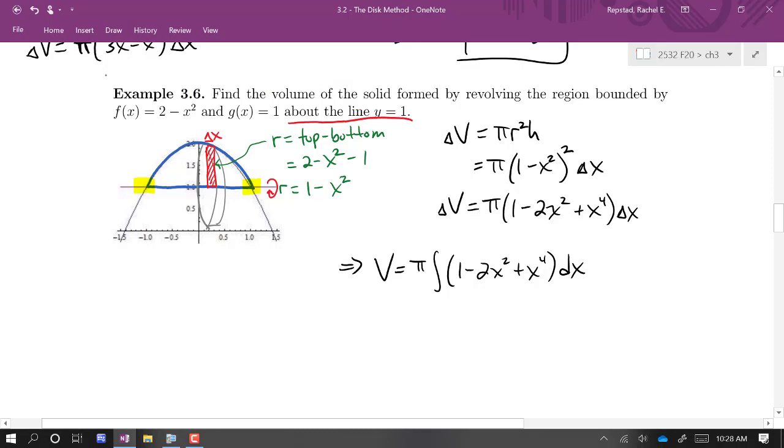It's a dx integral, so we want the x coordinates of those points, and we're going to find them like we usually do by setting these curves equal to each other. So 1 equals 2 minus x squared. That means that 0 equals 1 minus x squared.